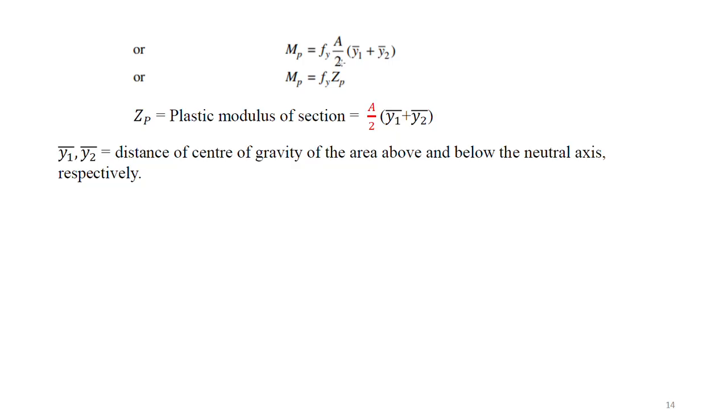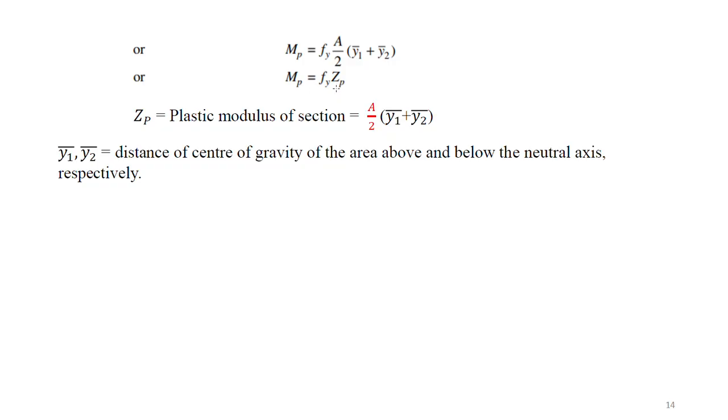This term, A by 2 into Y1 bar plus Y2 bar, indicates the plastic modulus of the section, Zp. The final equation we get is Mp is equal to the yield stress, which remains the same, into the plastic modulus of the section, Zp. Here you can see Mp is equal to Fy into Zp.